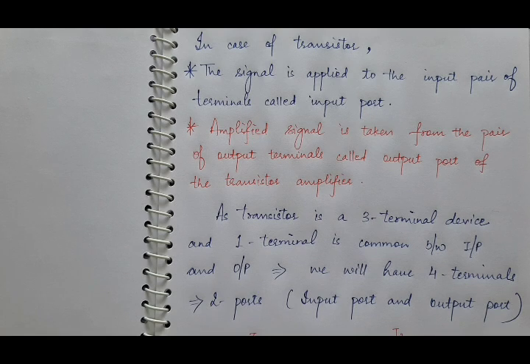So, in case of the input port of the transistor, the actual small AC signal is applied to the input pair of terminals of the transistor, and on the output port, you will receive the amplified signal from the pair of output terminals, which is known as the output port of the transistor amplifier.